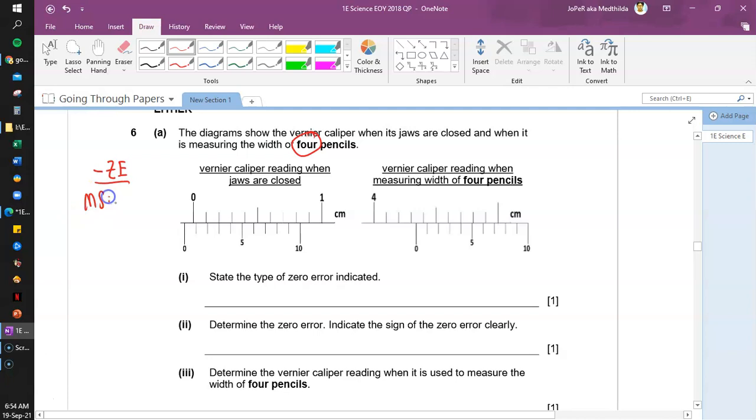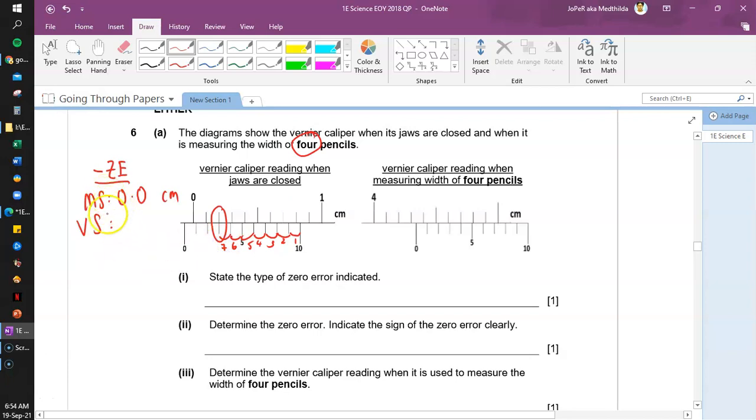When I have a negative zero error, the main scale will be taken as 0.0 cm. The vernier scale, I'll look for the line that matches, is over here. Do take note, because there's a negative zero error, I'll count backwards from 10. So I got 1, 2, 3, 4, 5, 6, 7.